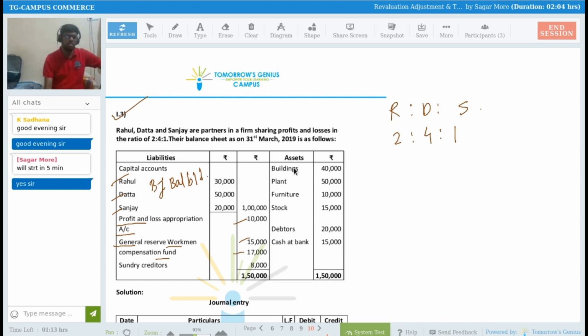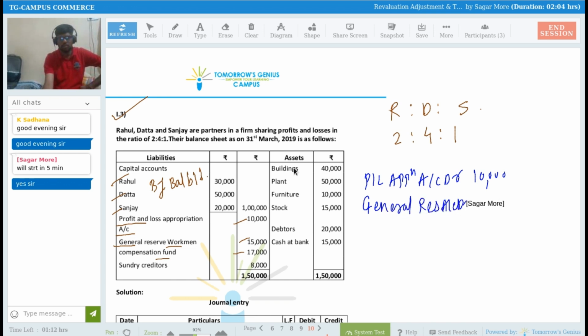So which entry do I need to pass here? You will be passing a journal entry: profit and loss appropriation account debit, 10,000 rupees. Then general reserve account debit, 15,000 rupees.